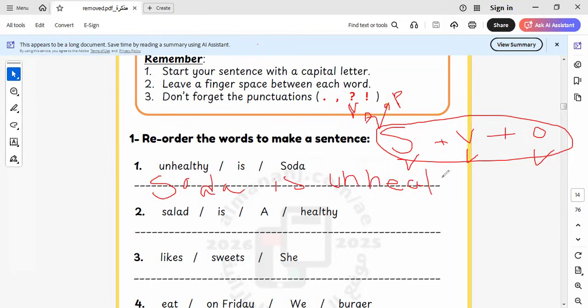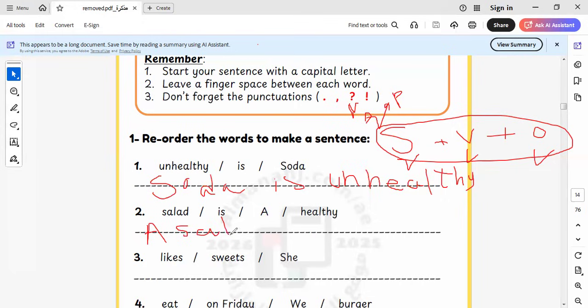I think now we have learned how to answer the rearrange question. I think this question is very easy. Before we do this question, we must write this rule to make it easy to answer. Here we say a salad. A salad is the subject.